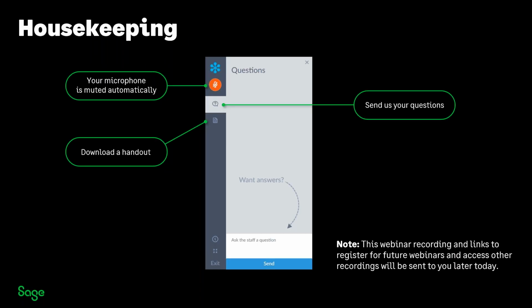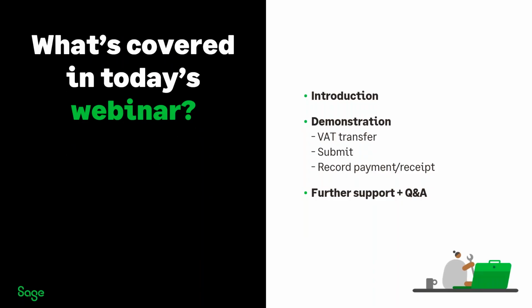Right, let's have a look at what we're covering in part 2 of the VAT return session today. We're going to start with a brief introduction and then get stuck into a demonstration again. We're going to be looking at the 3 aspects of the 3rd tab of the VAT return wizard. There's 3 tasks on there that we're going to look at today: the VAT transfer, the submission itself, and then the option to record a payment or a receipt.